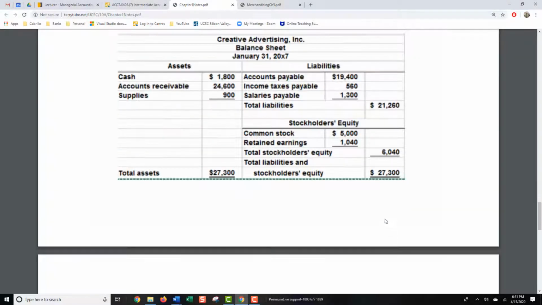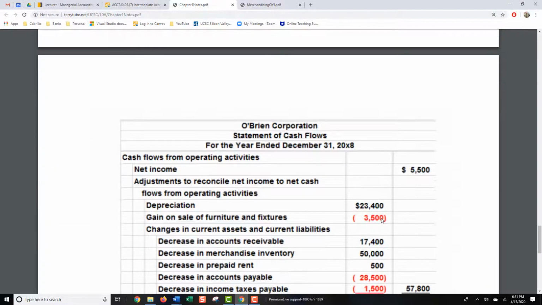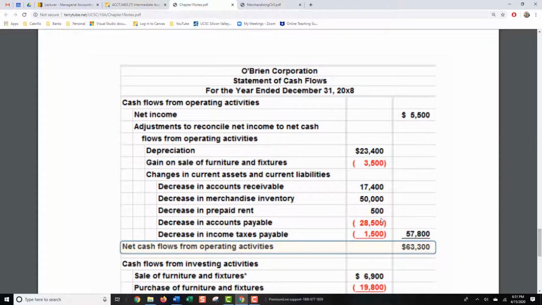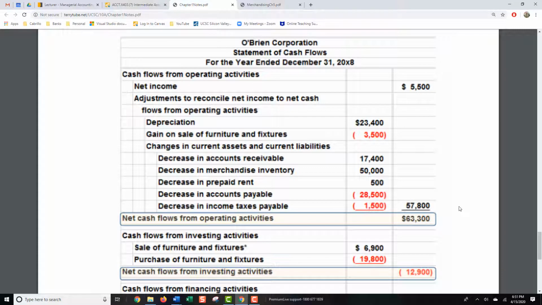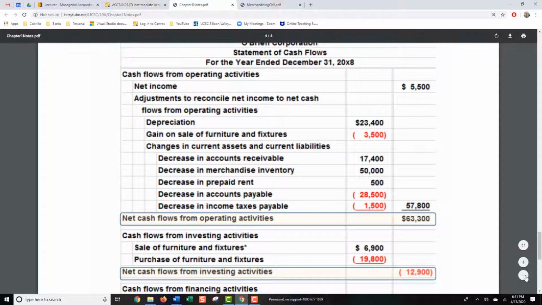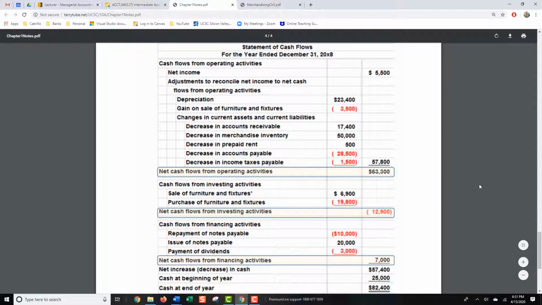And then the fourth statement is the statement of cash flows, and let me make this a little smaller. The statement of cash flows is divided up into three areas: cash from operating activities, cash from investing, and cash from financing.